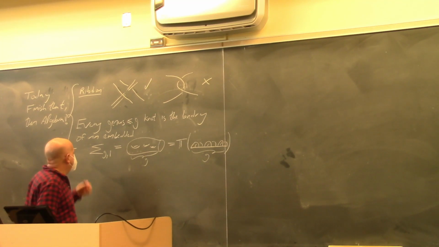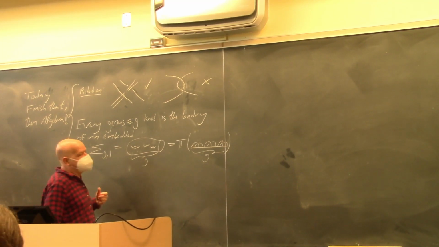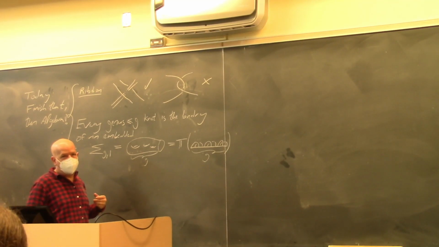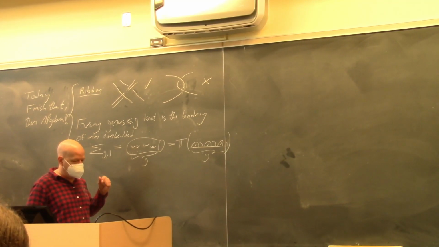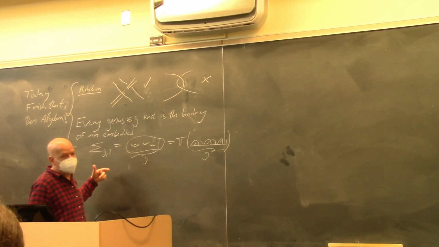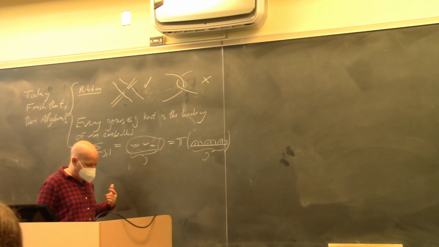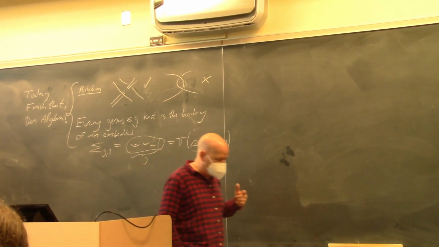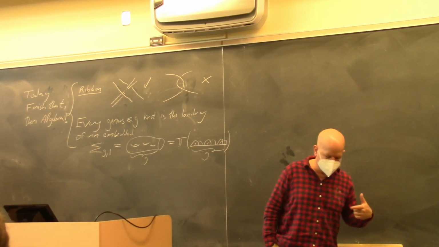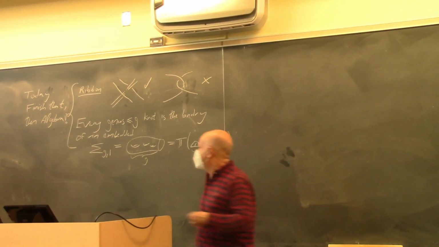And then we also proved that every knot is the boundary of an embedded surface with boundary, sigma g1 for some g. And then we defined the genus of a knot to be the minimum of the genus of all such surfaces.